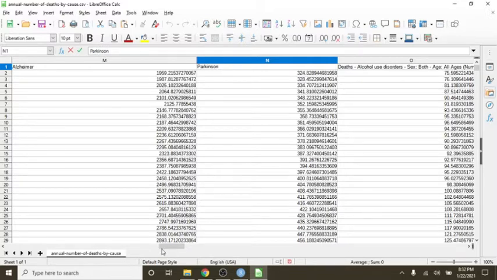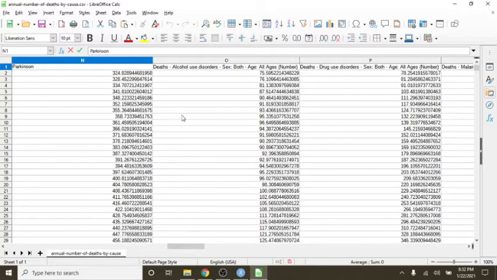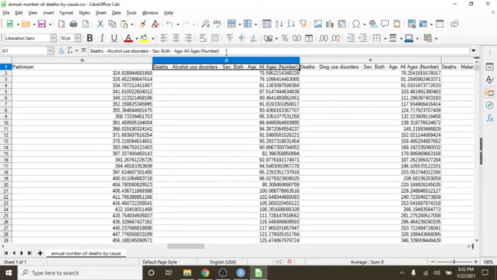Okay, alcoholism, of course, would be closely related to cirrhosis of the liver. Okay, liver disease.